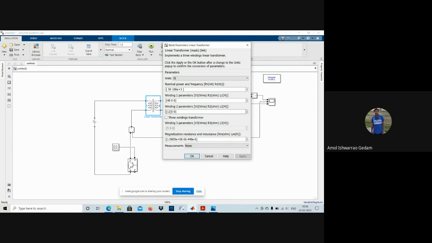Can anybody suggest why I have taken 12 volt? Ratio 4:1. Ratio of 4 is to 1, and if you keep D is equal to 0.5, we will get maximum voltage at the output, that is 12 volt.